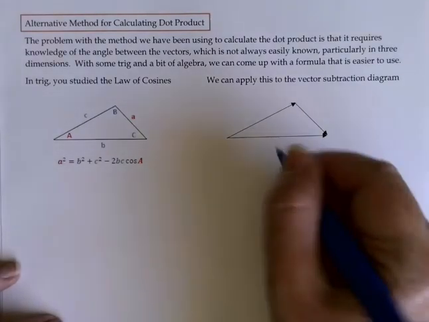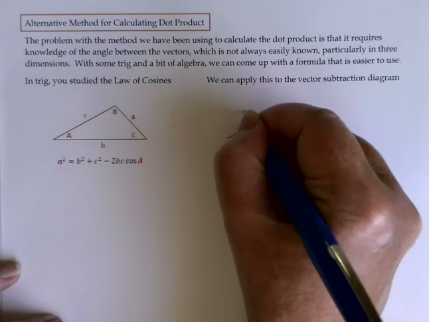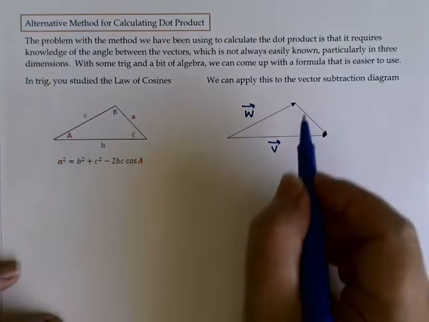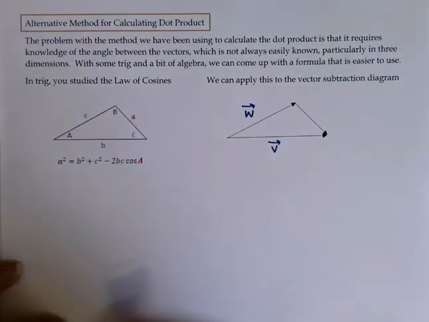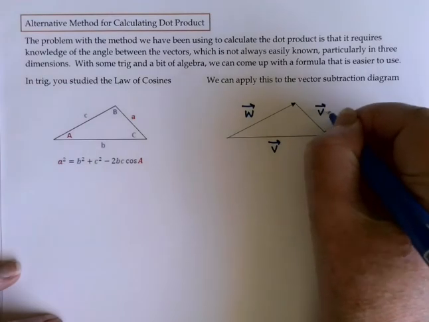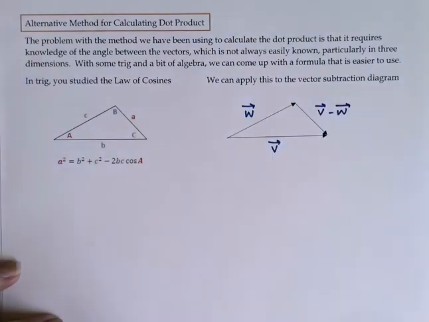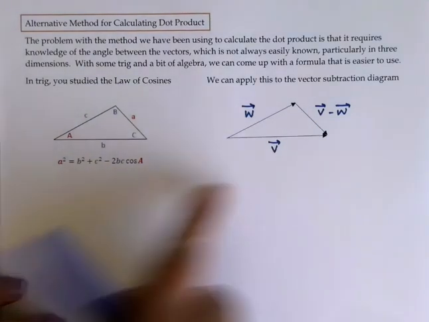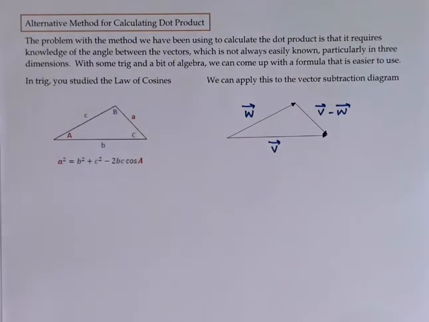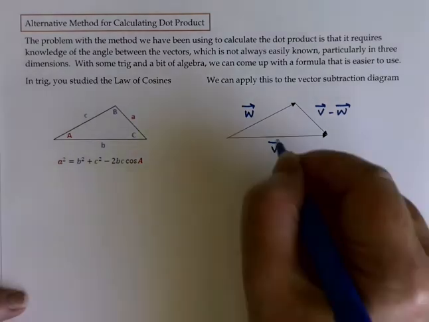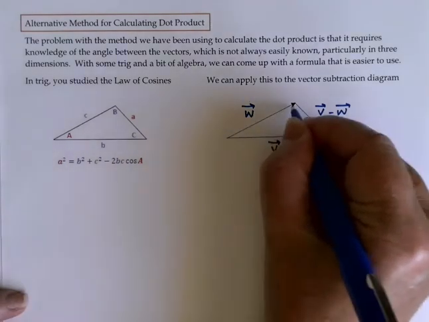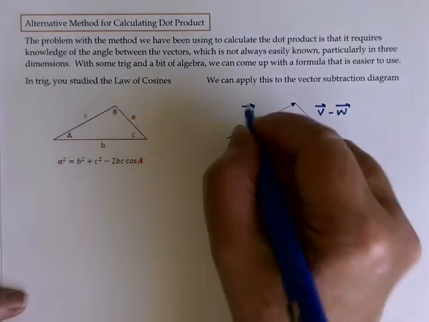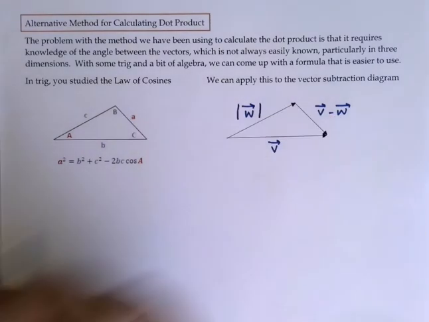If I have 2 vectors, v and w, then this vector is going to be v minus w. If you remember back from one of the early sections, if I took this vector and reversed it and put it at the end of that one, I would get that little vector there. So the length of this side of the triangle would actually be the magnitude of w.